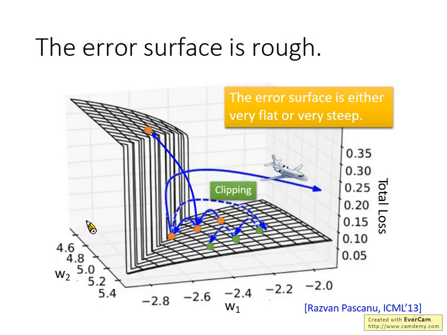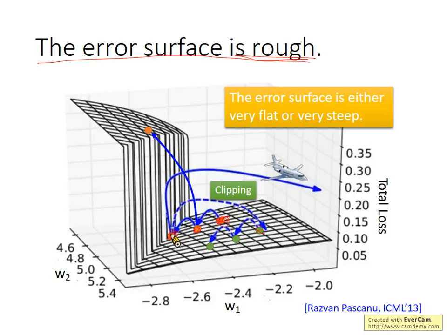And why does this happen? The main reason is that the error surface is rough, not smooth. The error surface is something like this. For some regions the gradient is quite small, and for some regions the gradient is quite large. For example, we may start from this point, then move to this point, and then to this point.